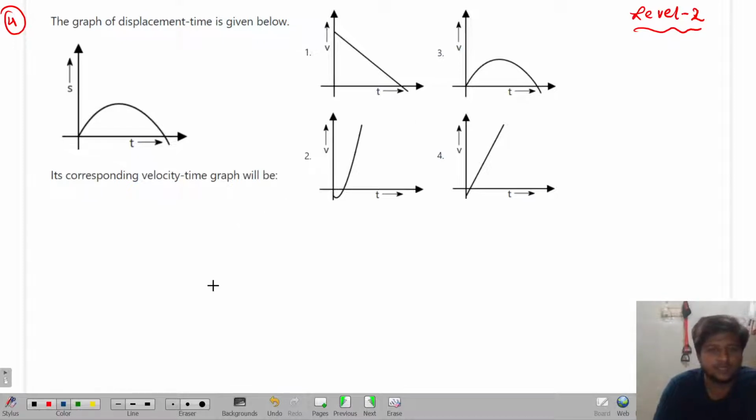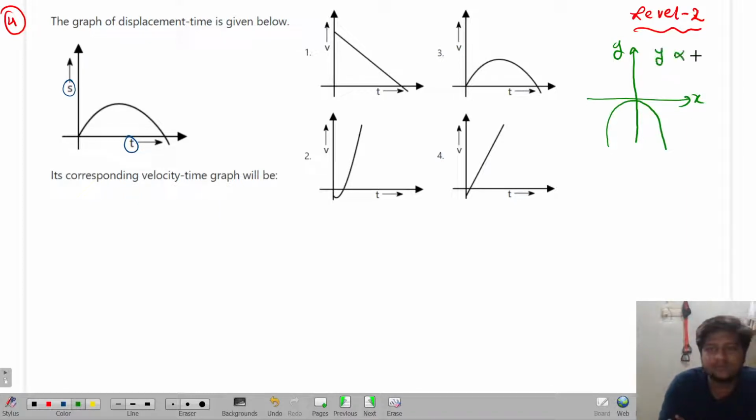So let us check that. Now, this is my displacement, this is my time. This is a graph of displacement with respect to time. Now, you know what I have told: suppose you have a y-axis and an x-axis, and I draw a downward parabola, what is the equation? Y is directly proportional to minus x square. Yes or no?